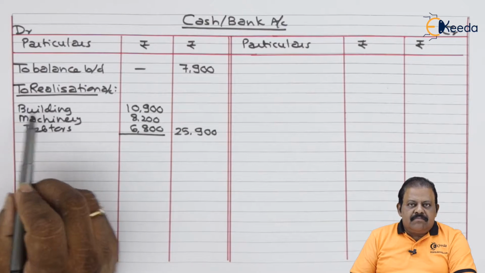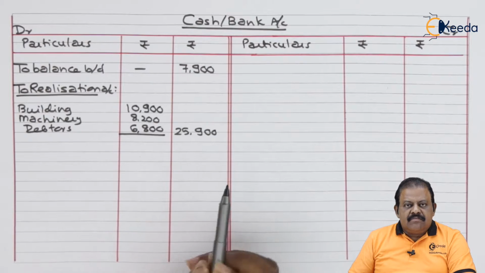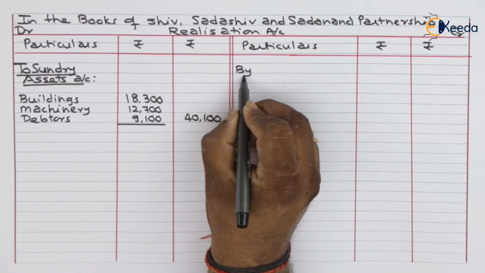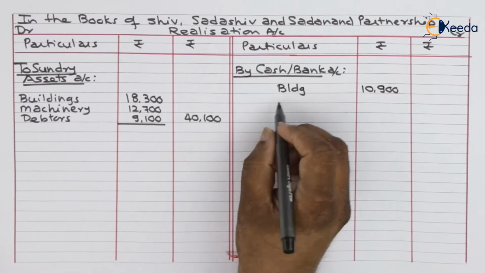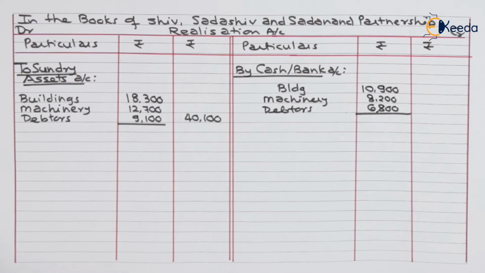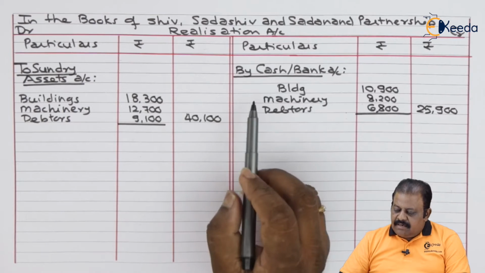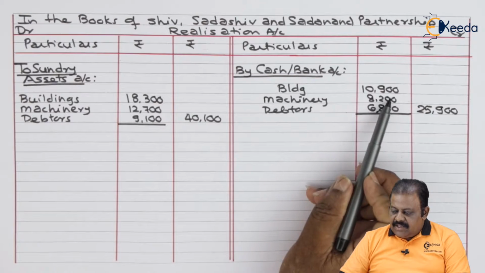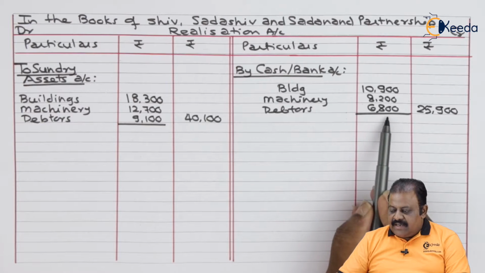Cash bank account debit, to realization account: building, machinery, debtors. Total amount realized 25,900. Realization account credit side, by cash bank for assets realized.